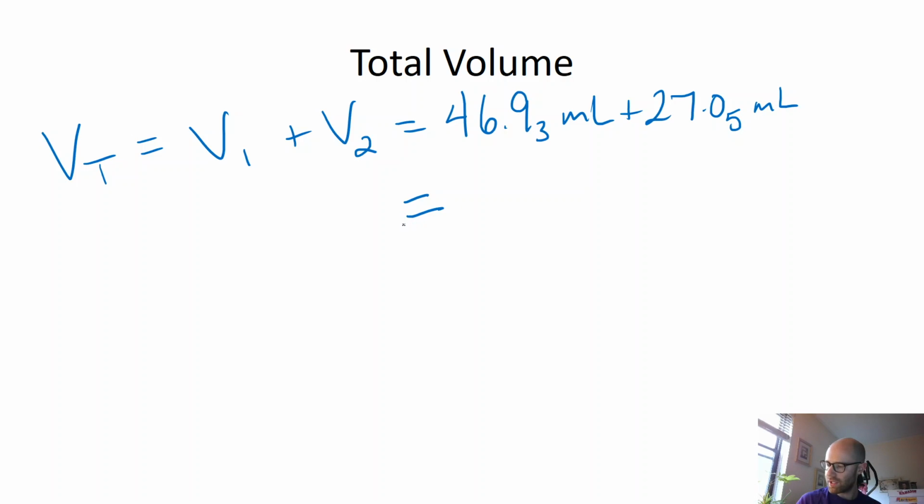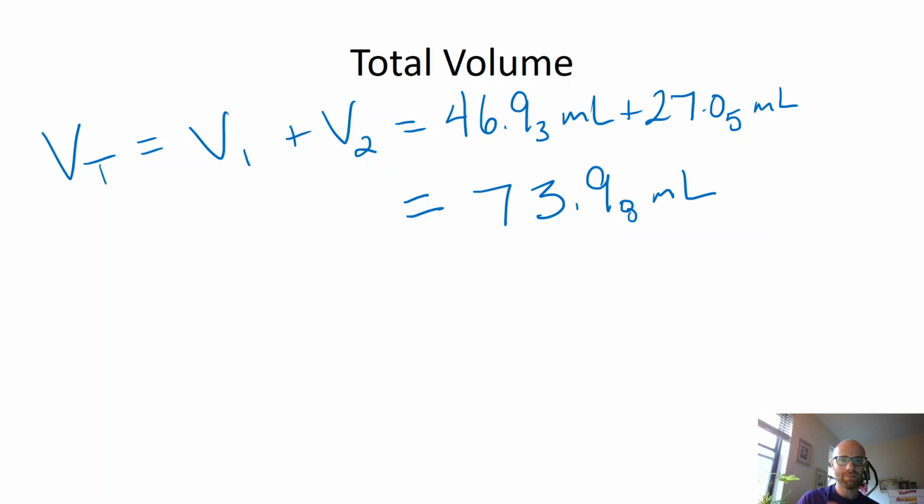And our total volume needed to carry this out would be 73.9 milliliters. So if I add 73.98 milliliters of 0.8 molar potassium hydroxide to 3.38 grams of oxalic acid, I should result with a buffer that has a pH of 4.40.